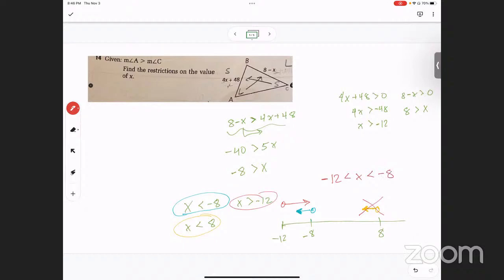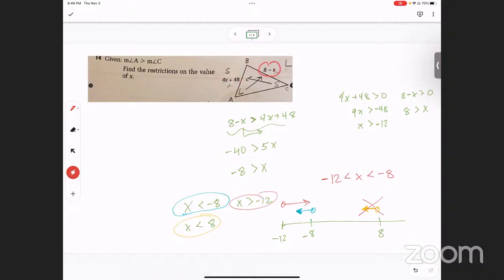How would I know though whether to use negative 12 or 8 in this case? Well, that's what I was doing. That's why I did these. What we're trying to do is we know that this inequality has to be true, right? But we also know that these both have to be positive side lengths.